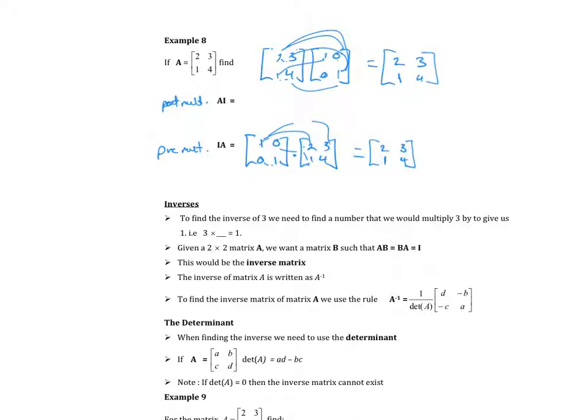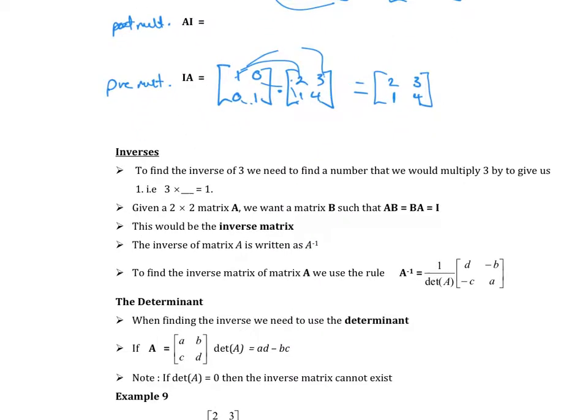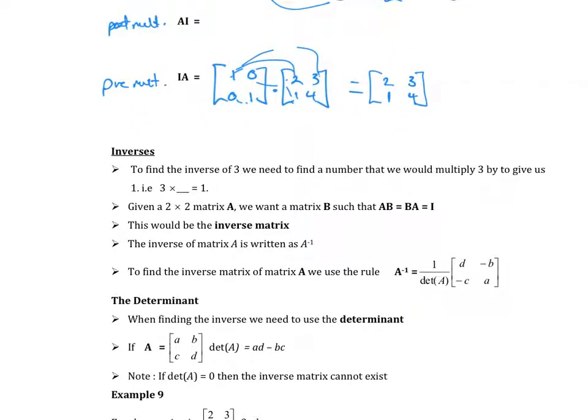So what we want to do now is talk about inverses. All right, and we've spoken a little bit about inverses in our functions. What we want to do now is the inverse when it comes to matrices.